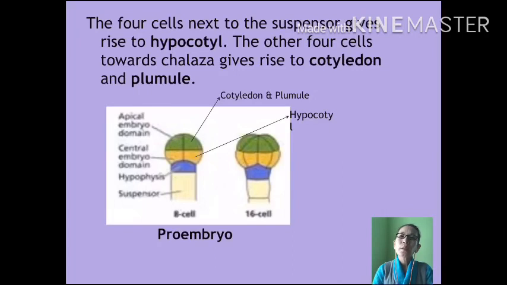And the other 4 cells which are towards the chalazal end are going to be giving rise to the cotyledon and the plumule. Cotyledon is actually an embryonic leaf which stores food in the developing seed, while the plumule is the shoot meristem, which is then going to be giving rise to the shoot system.